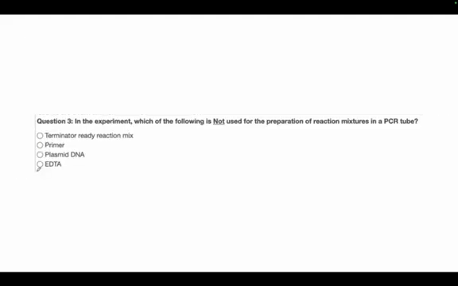In the experiment, which of these are not required for the preparation of reaction mixtures? Okay, so which of these should you be avoiding when looking to sequence your DNA? Now, if you remember from last week, we discussed that divalent cations such as magnesium are essential for the functioning of DNA polymerases.